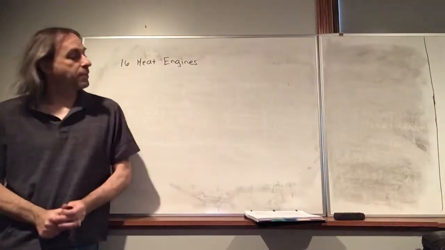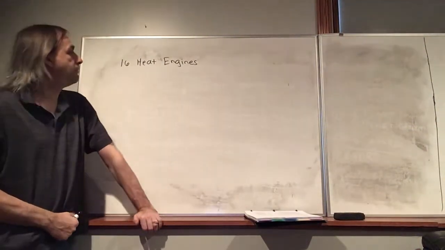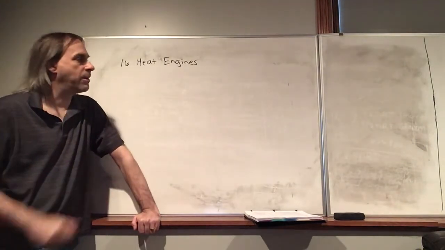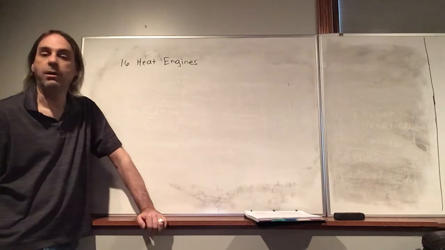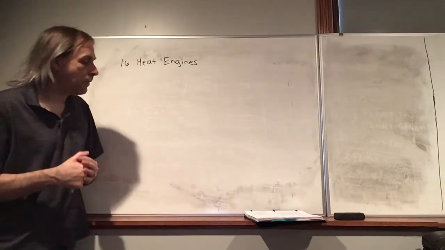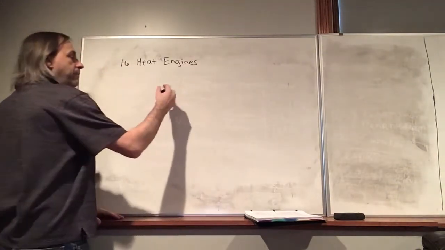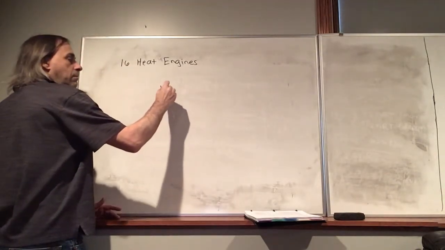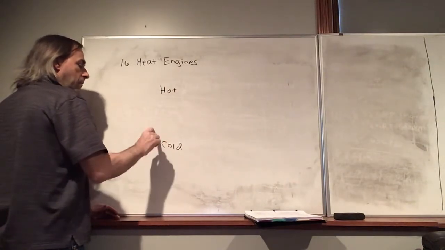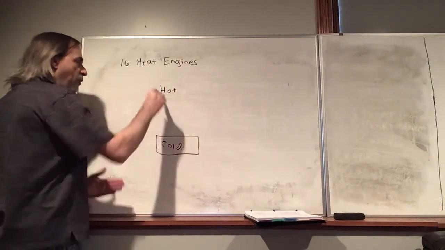Hello, class. Okay, so today we're going to talk about heat engines and also refrigerators, kind of related to that. But the basic idea, say we have a hot object and a cold object, or just a difference in temperature.